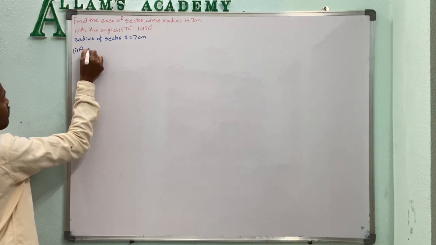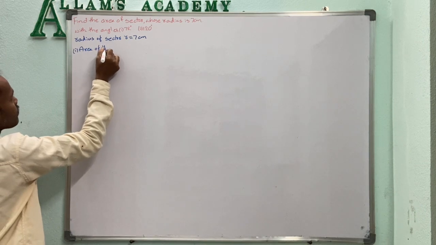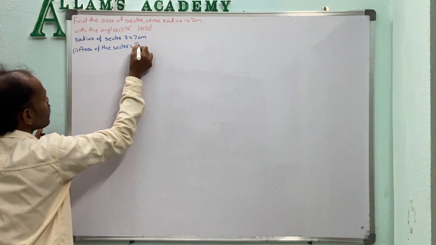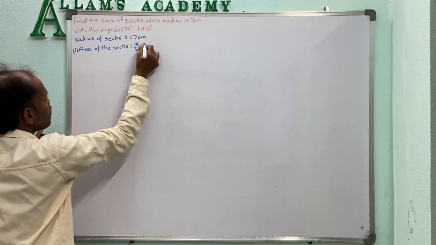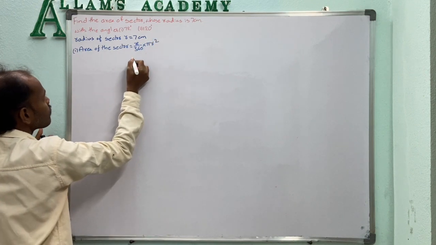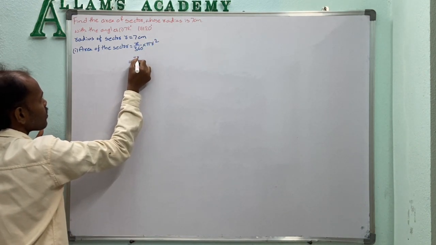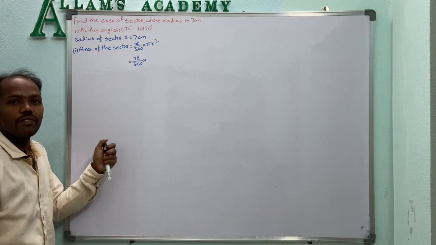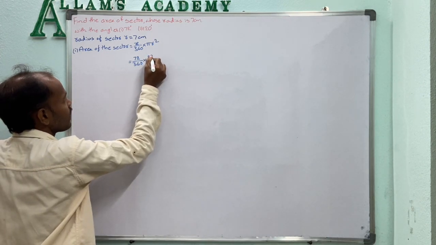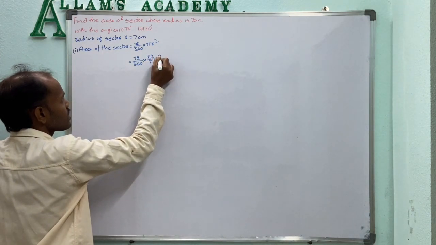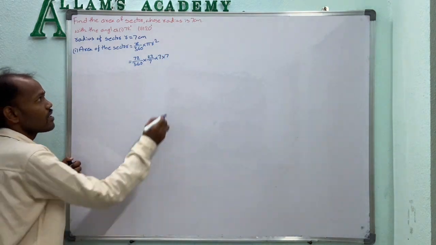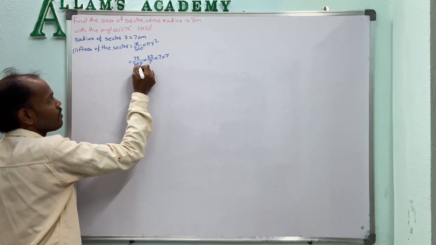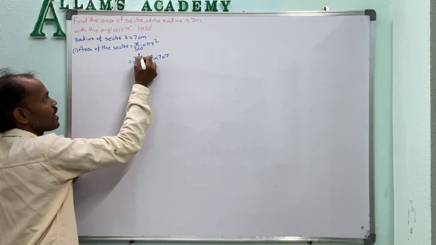So the area of the sector is equal to x by 360 into pi r square. So x equals 72. 72 by 360 into pi. The pi value is 22 by 7 and the r value is 7. So 7 into 7, the 7s get cancelled. 36 ones 36, 36 twos 72.